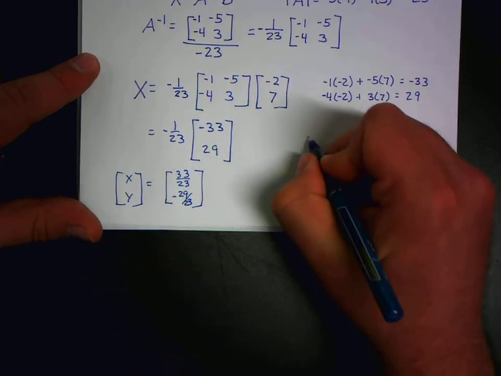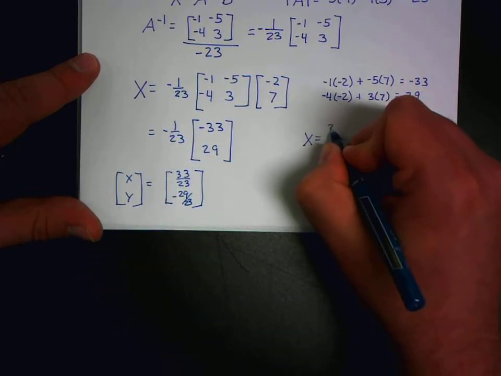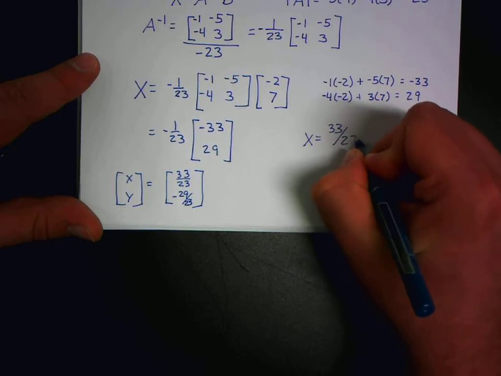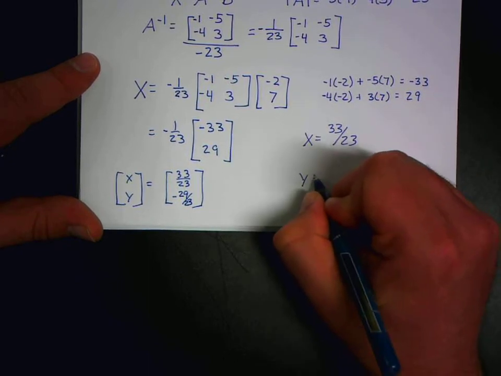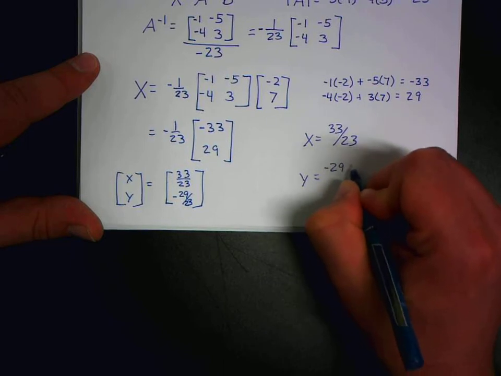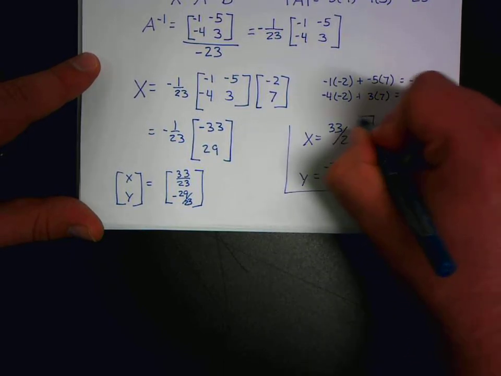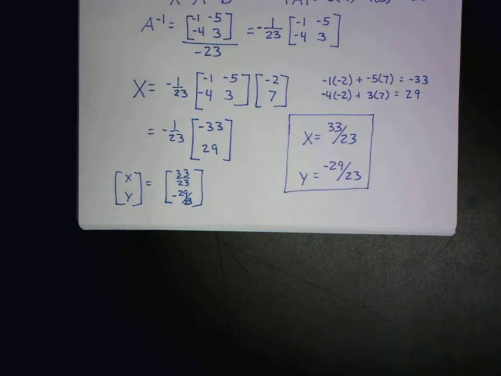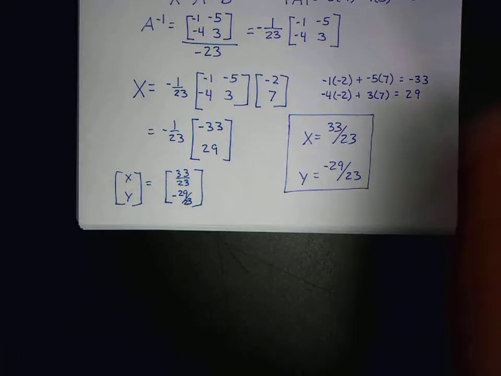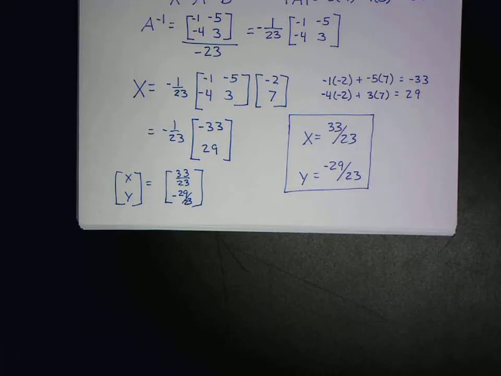So that means that x is 33/23 and y is -29/23. Now, I did way more writing than what I would have to do. You guys can probably do most of that in your head. I just wanted to make sure I wrote out every step.